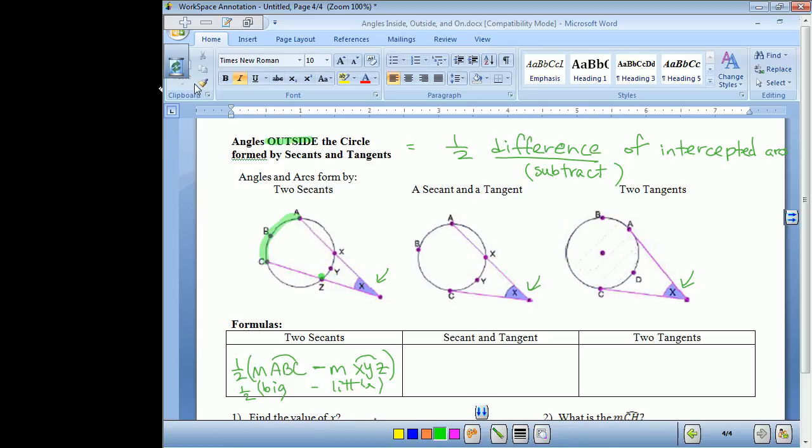Let me switch this second color to something different. Let's go pink. So we'll be green and pink. Do you see that this is my big arc, and then this is my little arc? Does everybody see that? So it is the same idea. It is half the difference.